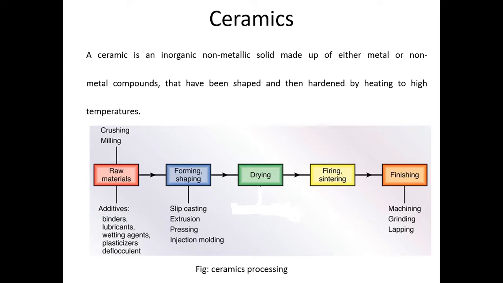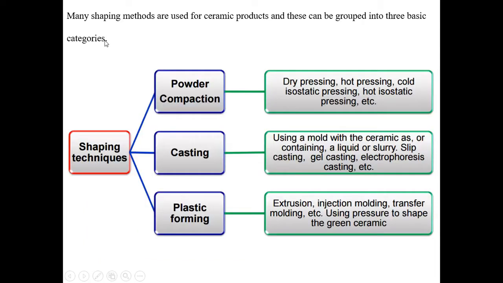After the particles are formed, this green ceramic undergoes a heat treatment called firing or sintering to produce a rigid finished product. Some ceramics for advanced applications may undergo machining or polishing operations in order to meet specific engineering design criteria. In today's class, I will be discussing various forming processes, that is, shaping methods.